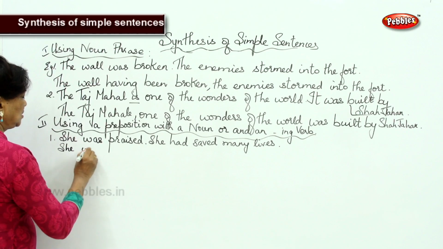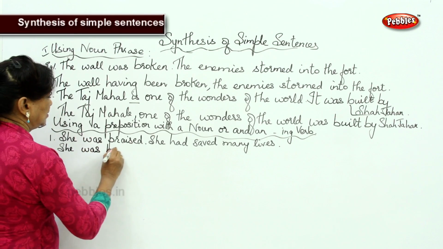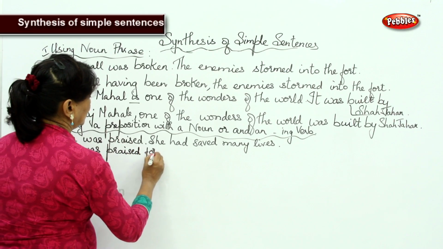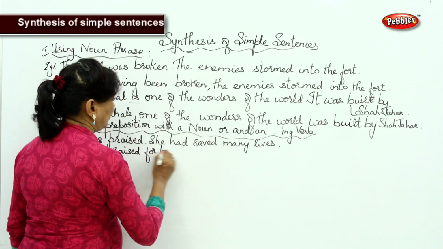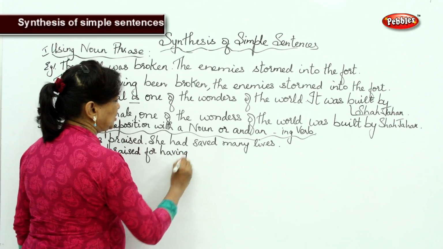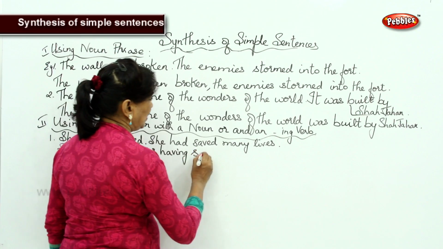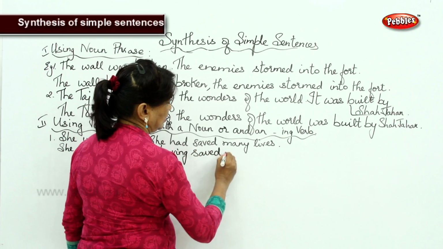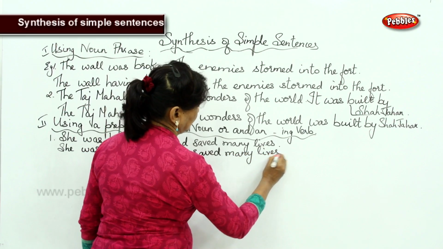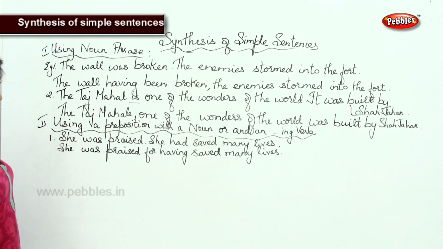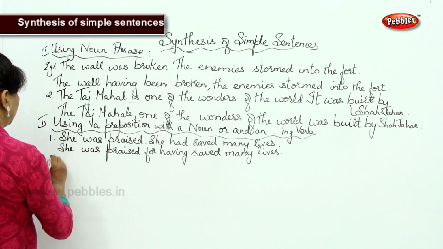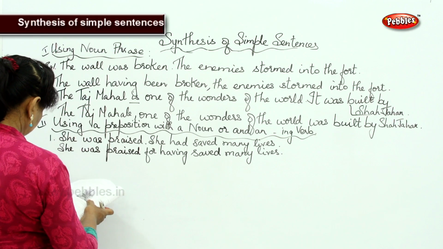She was praised for, had will become having. For is a preposition. For having, it's an ing word, having saved many lives. Is that clear? She was praised for having saved many lives. Next example.